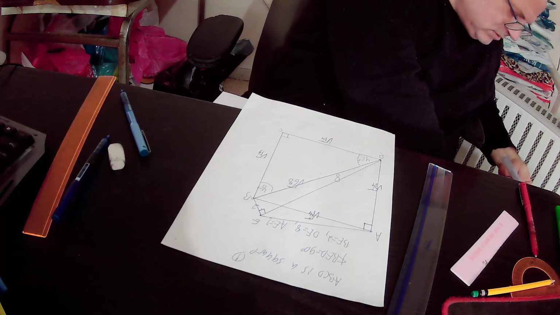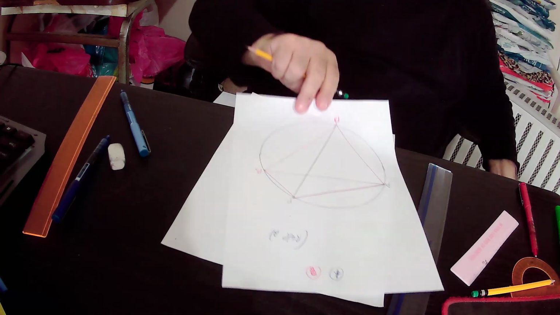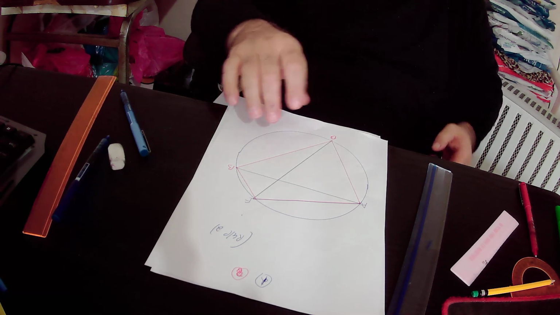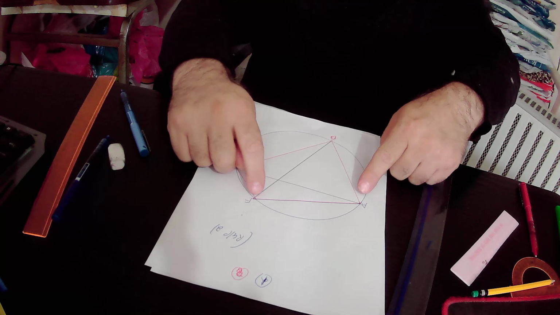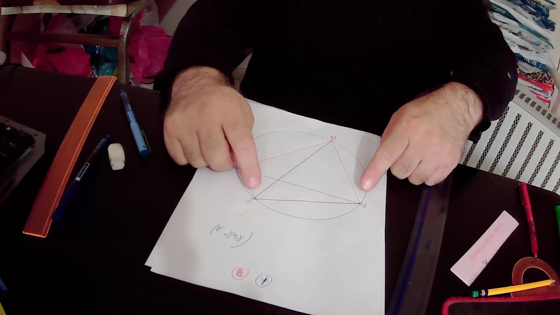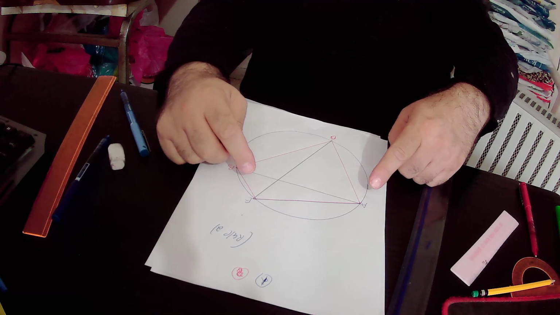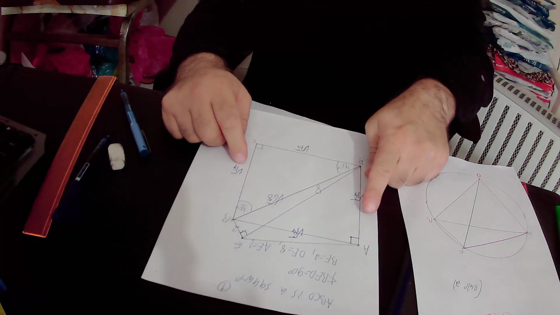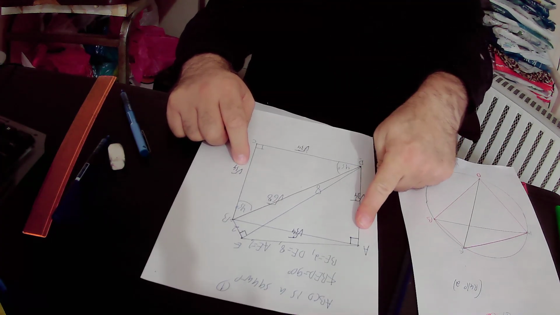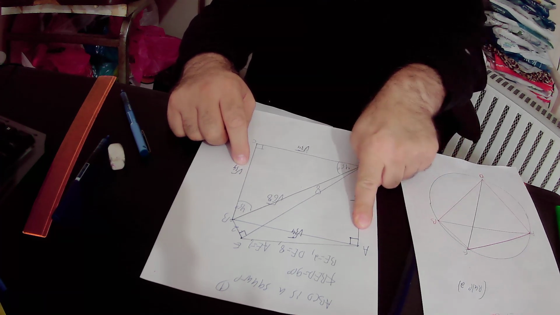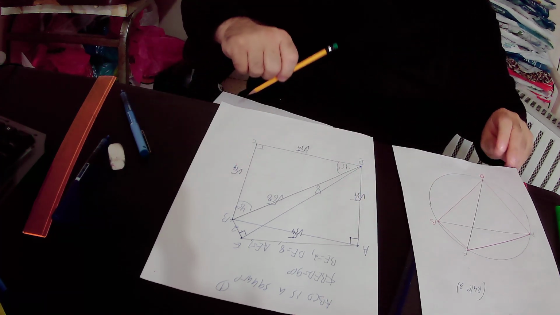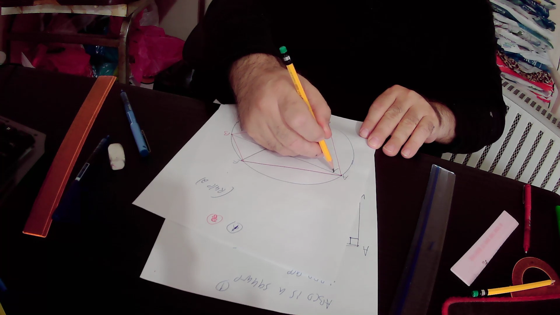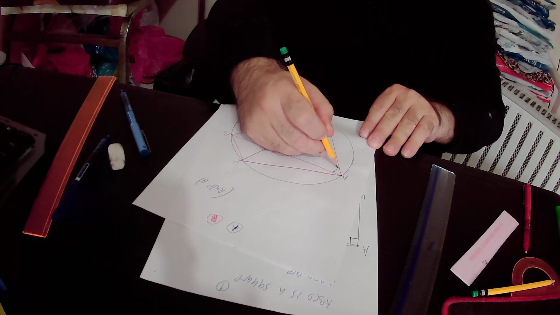This is actually our drawing. Because we have two angles that subtend the same segment line DB, we have here this angle ABD, it is actually a right angle.